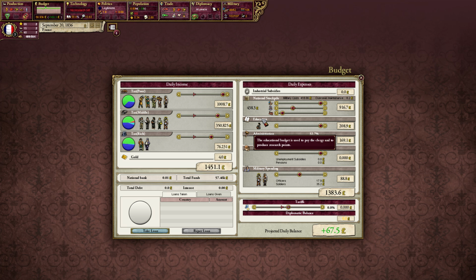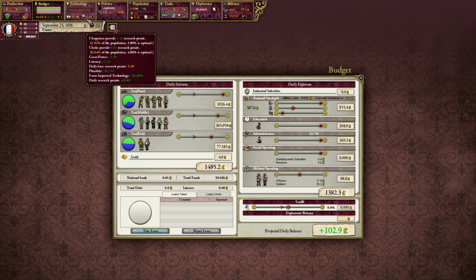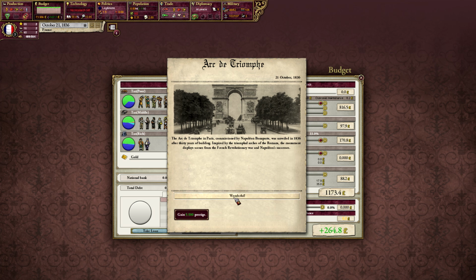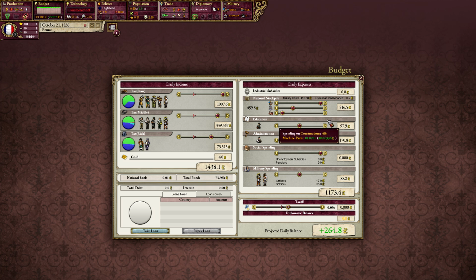Next we have education, and you can see here is the amount of research points clergymen make per day. And you can see this is changed by a lot of things, but basically this slider here pays the clergyman.